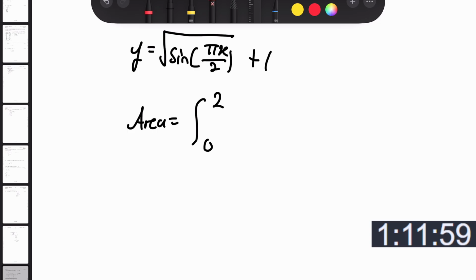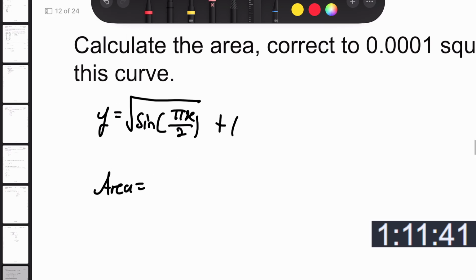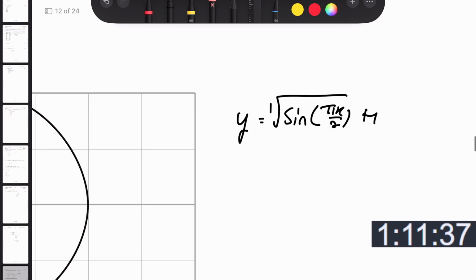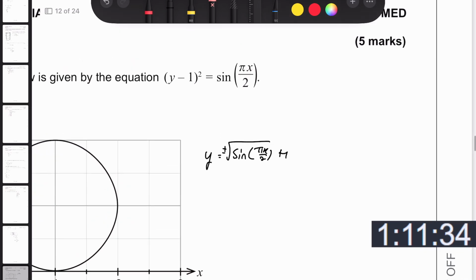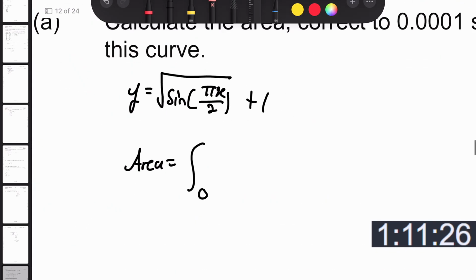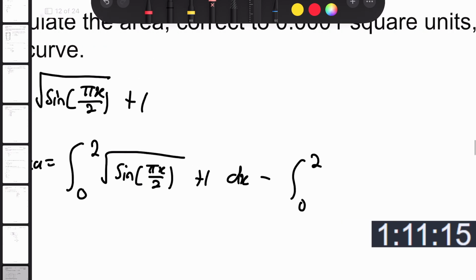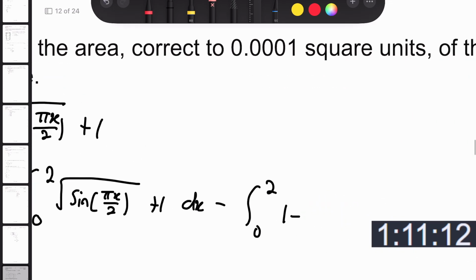Well, I should just do the full area, which is going to be equal to 2 times the integral from 0 to 2 of the top function, the square root of sine of pi x on 2 plus 1, dx, minus the integral from 0 to 2 of 1 minus the square root of sine of pi x on 2 dx.